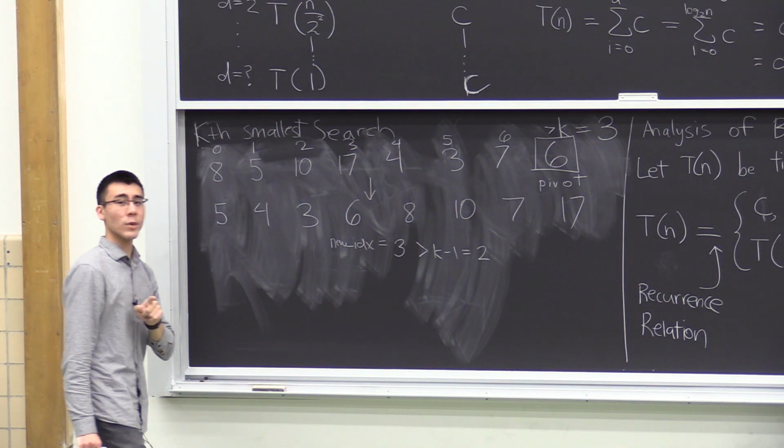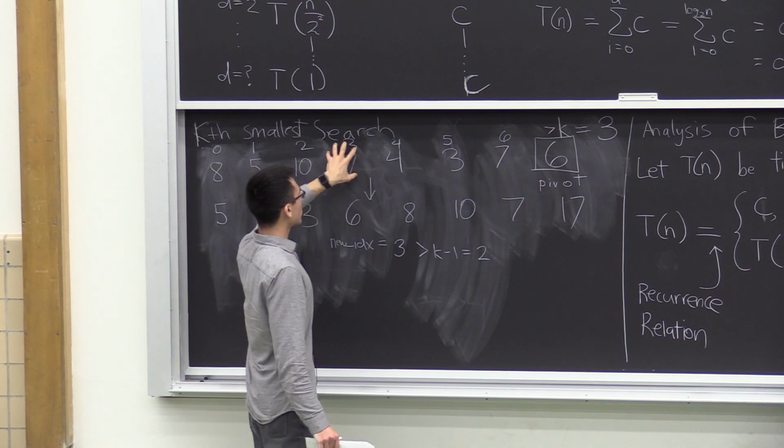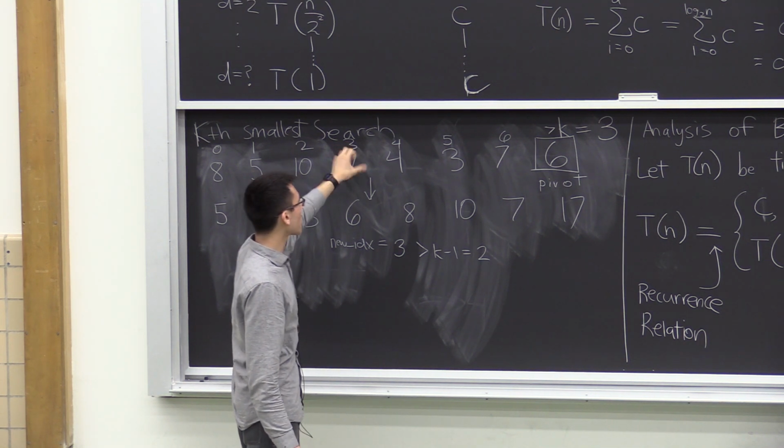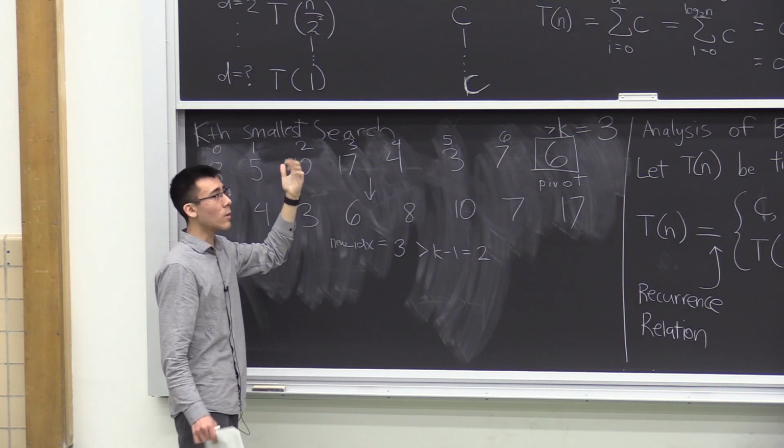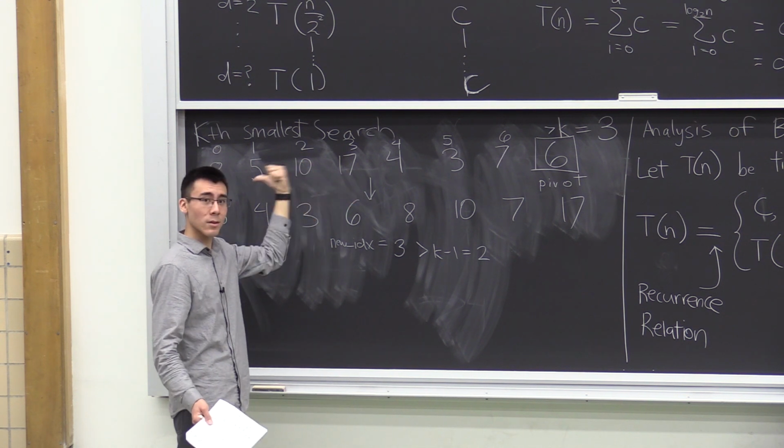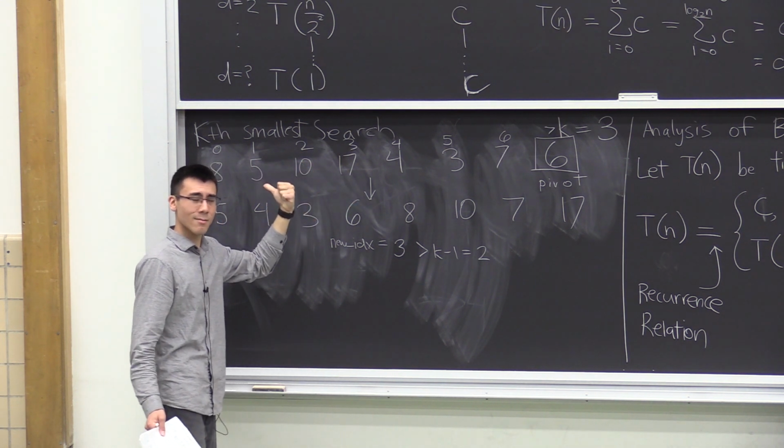But that's already great information to know. Since this is the 4th smallest element, and everything to the left is smaller, well, the 3rd smallest must be in one of those elements there, right?